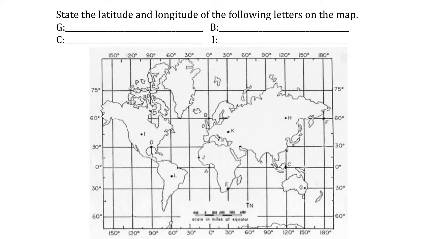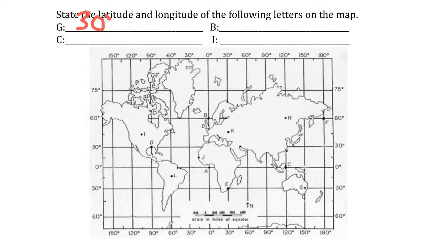This line goes all the way over to the right and all the way over to the left. And you'll notice that the number is the same on the left-hand side as it is on the right-hand side over here. It's 30 degrees. So that's going to be my number for latitude. So for G, it's going to be 30 degrees for my number.